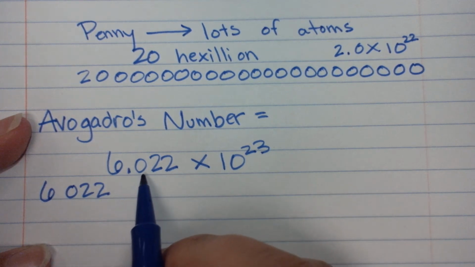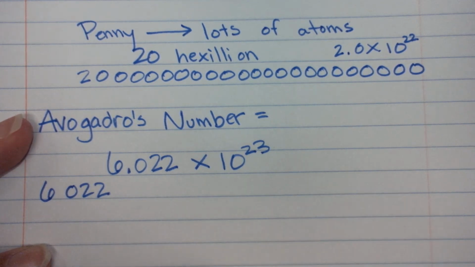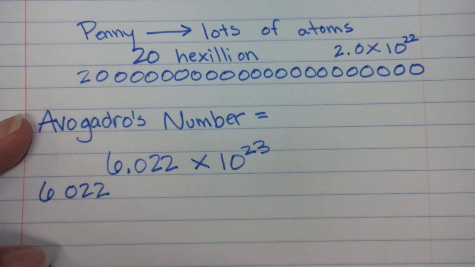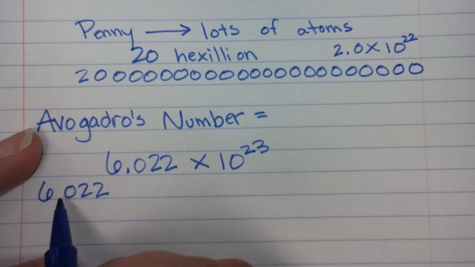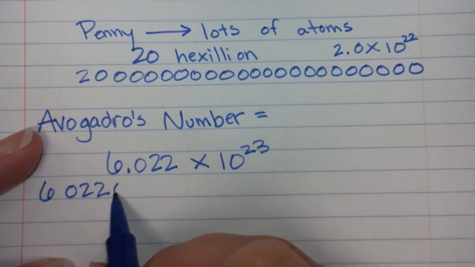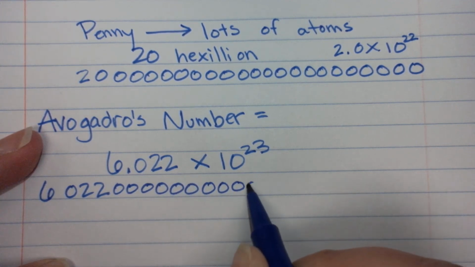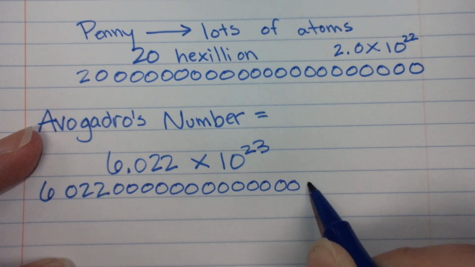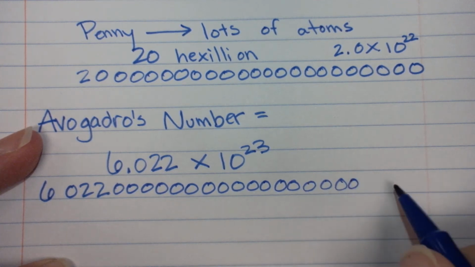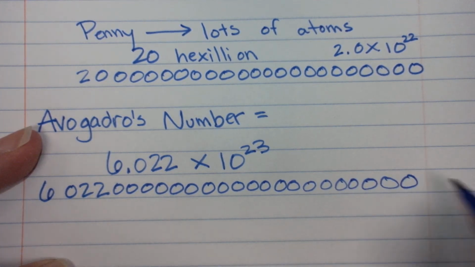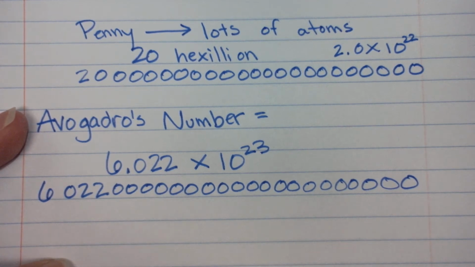So we're going to move this decimal place 23 times to review. We'll come back to scientific notation later on in the year. 1, 2, 3, 4, 5, 6, 7, 8, 9, 10, 11, 12, 13, 14, 15, 16, 17, 18, 19, 20, 21, 22, 23. Shoo! I wish I had that many dollars.